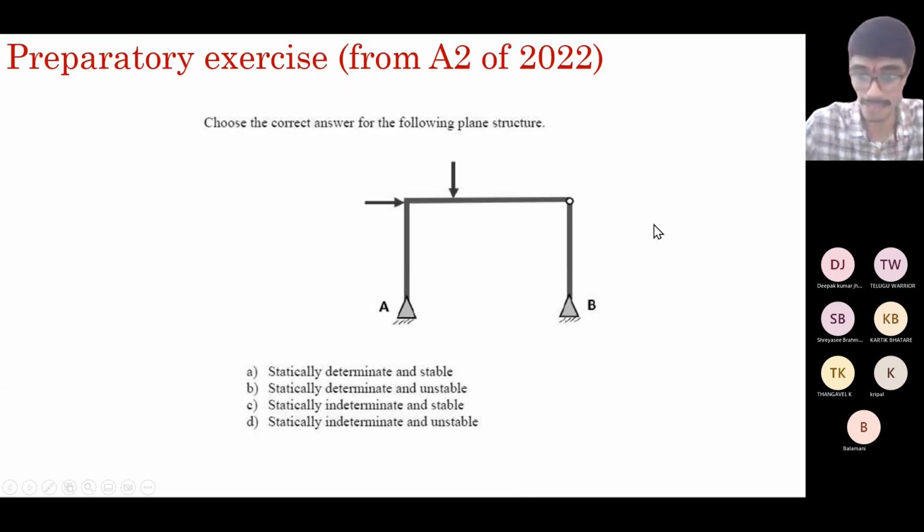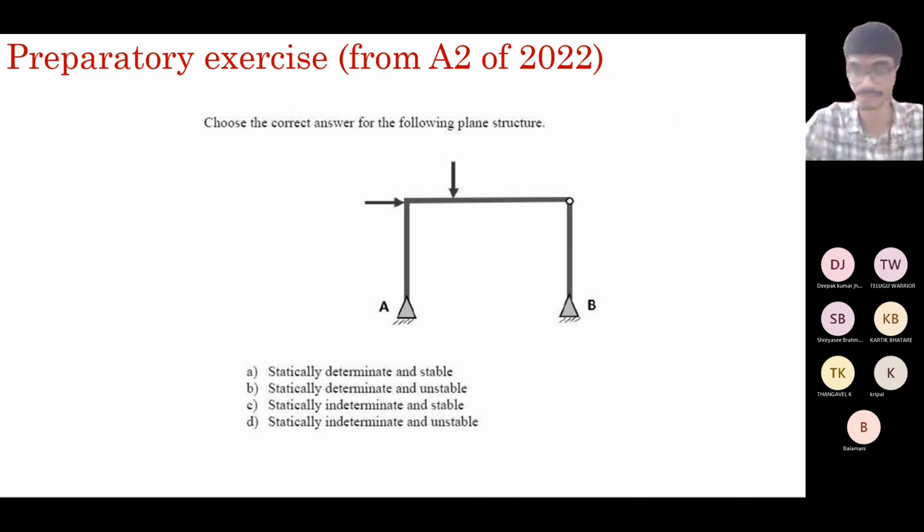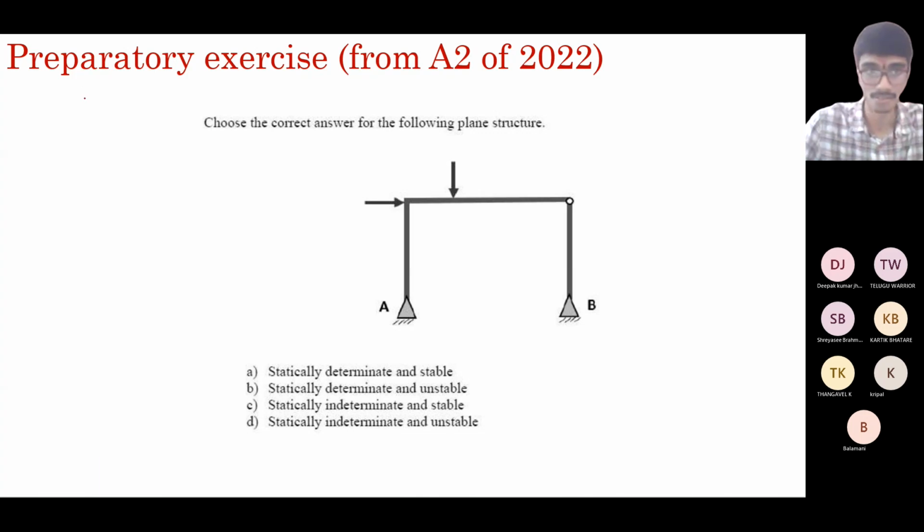Yes. So based on the discussion we just had, could anyone try out this? What do you think this problem is? So you're given a structure, and this is a rigid joint, transmits a moment, and this is a pin joint.